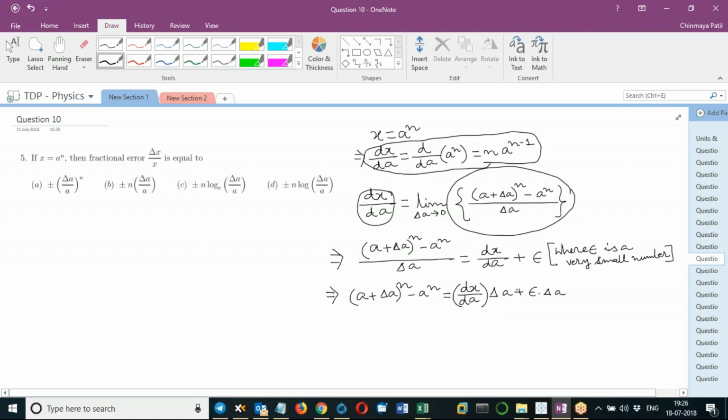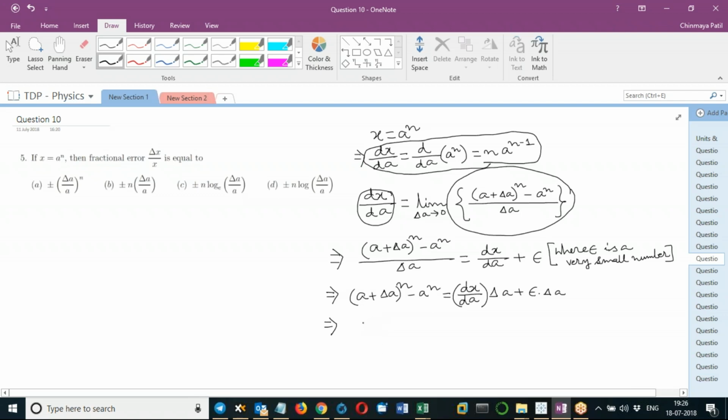Now we know that x equals a power n, so a plus delta A power n should definitely be x plus delta x.